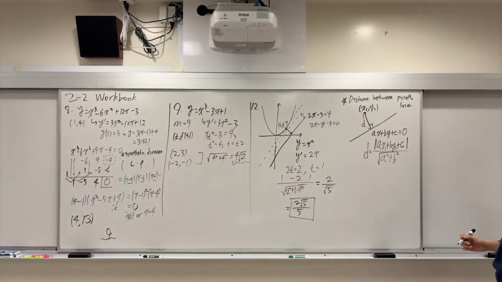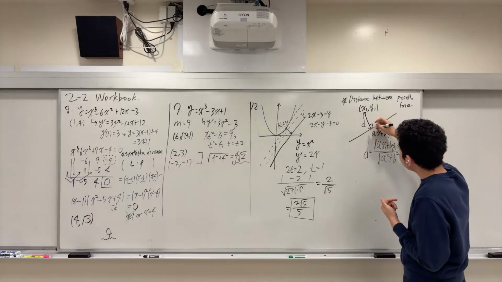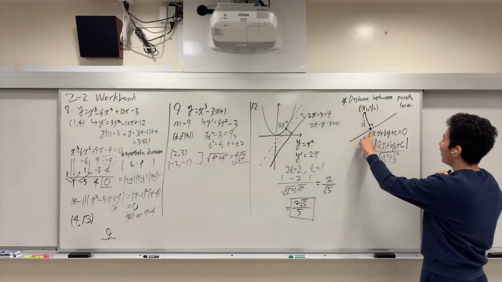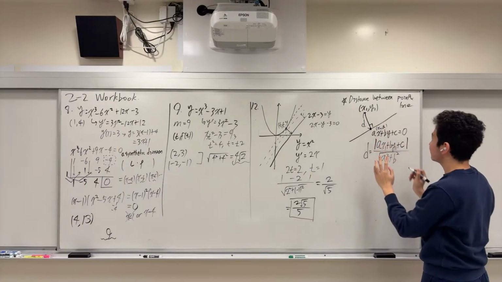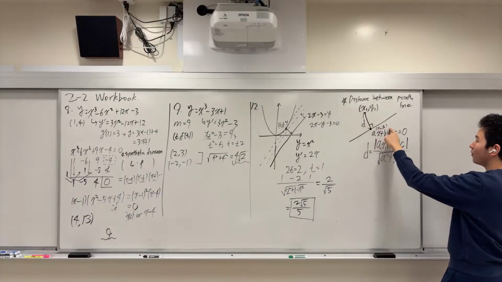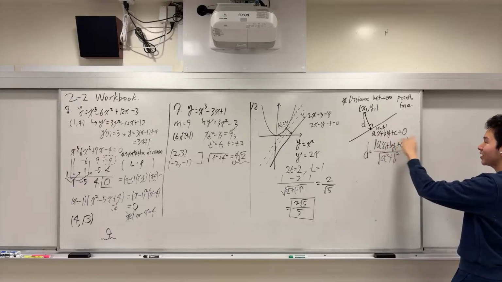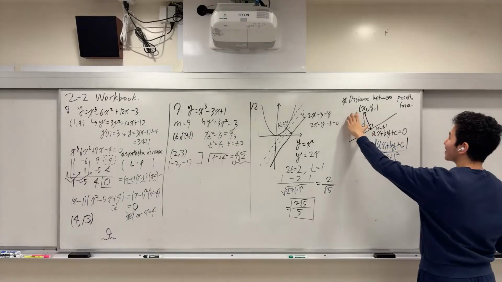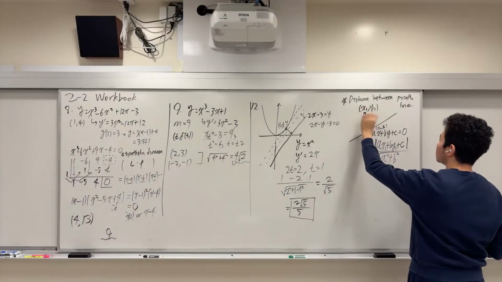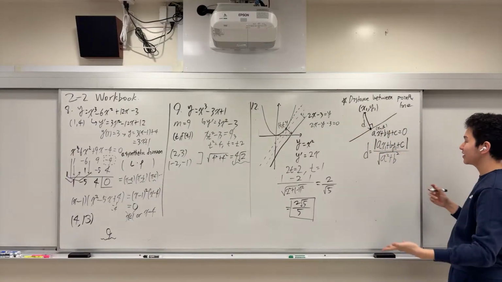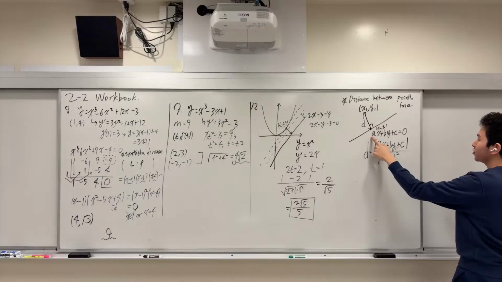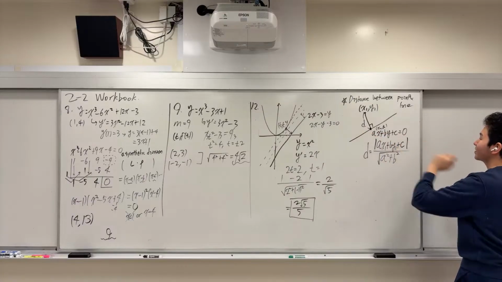I think the actual way to do the proof, without the algebra getting too messy, is you define another point, x2 comma y2, and then you do a system of equations. x2 comma y2 is part of this line, so you get one equation, and then you can say that the average rate of change between these 2 points is perpendicular, so that's the negative reciprocal of the slope of this original line.